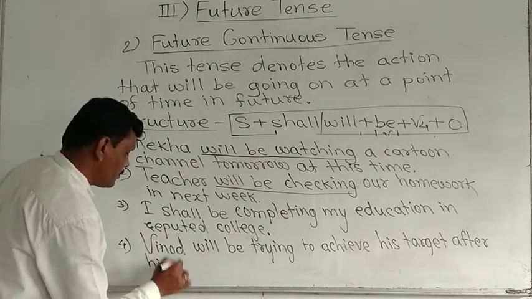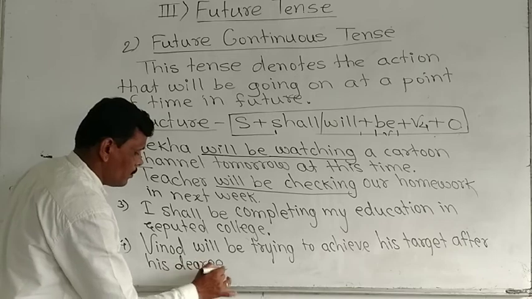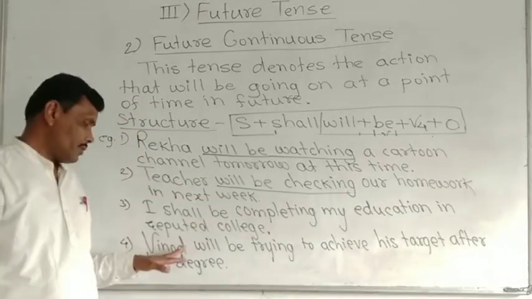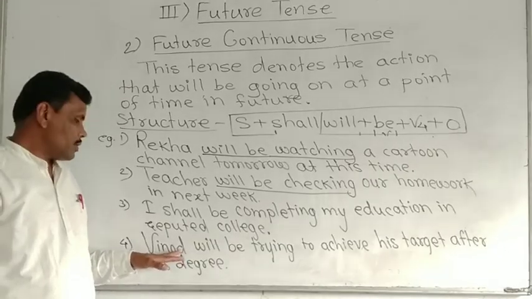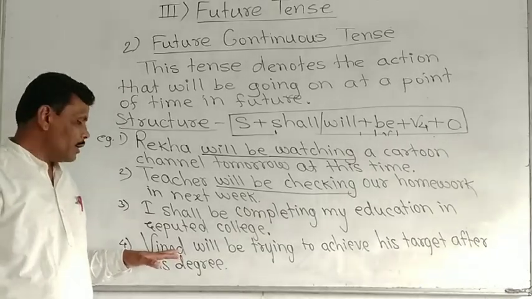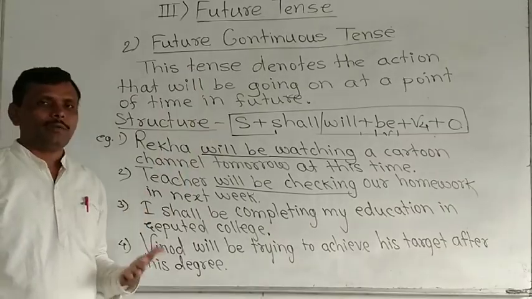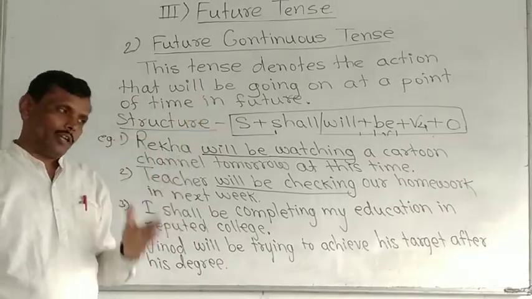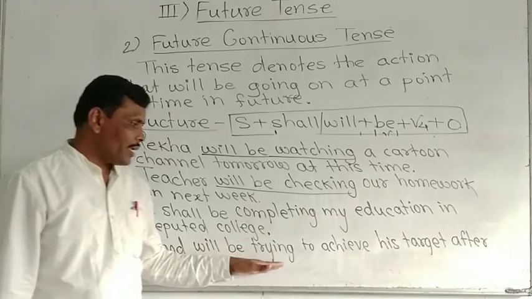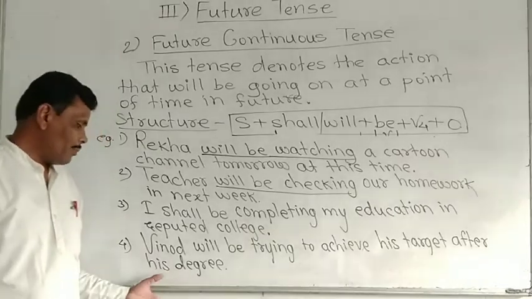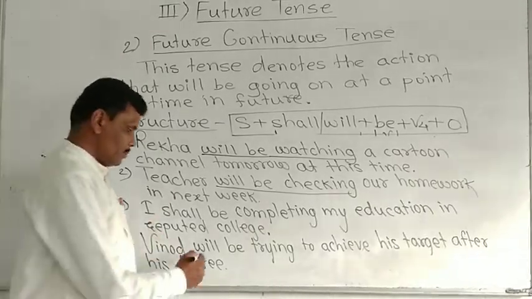Now see here what is written. Vinod will be trying. Okay, here a third person singular noun is used. Vinod will be trying. Will be trying is the future continuous tense. The action will be going on in future. Vinod will be trying to achieve his target after his degree.